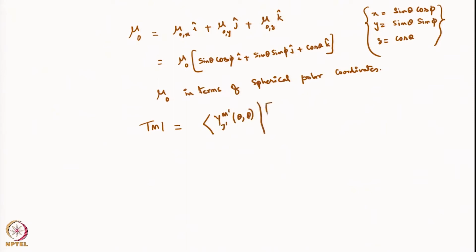So, your mu naught is now sin theta cos phi i plus sin theta sin phi j plus cos theta k, whole thing along the epsilon, Y_J''M''(theta, phi). So, that is your transition moment integral.